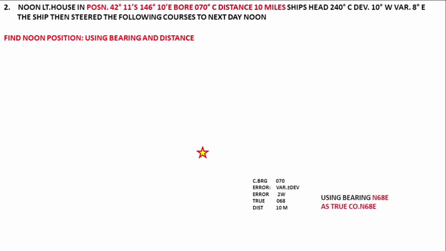To find my next position, normally we follow a track, go on a course, and find the d'lat and departure. If I use my bearing, that is 068, which is north 68 east, as the course, my d'lat and departure would be north and east, and this should be my position.